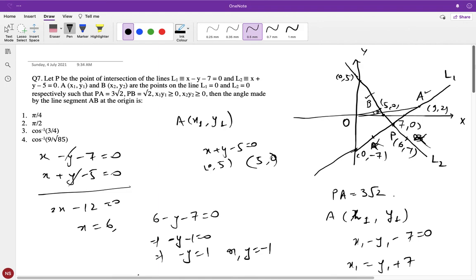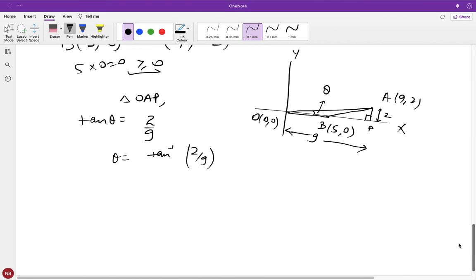But in the options there are no tangent inverse, there are cos inverse and pi by 4 and pi by 2. So I have to find out the value of cos. So if this is 2 and this is 9, what is this value? This is the perpendicular, right? This is the perpendicular, no sorry, hypotenuse. OA is equals to square root of 9 square plus 2 square, 81 plus 4, which is 85.